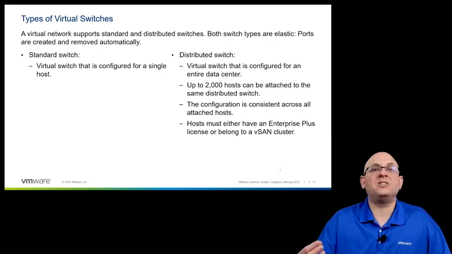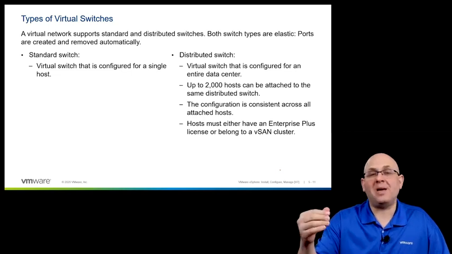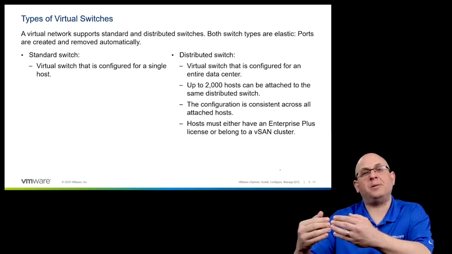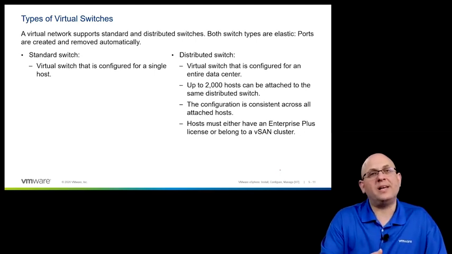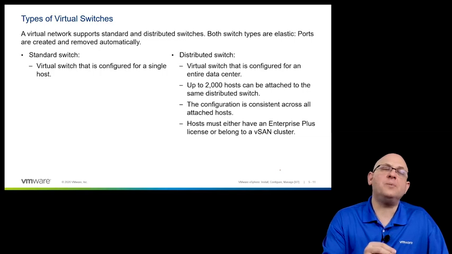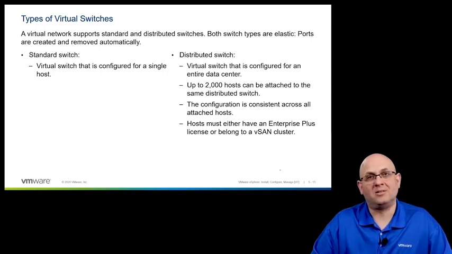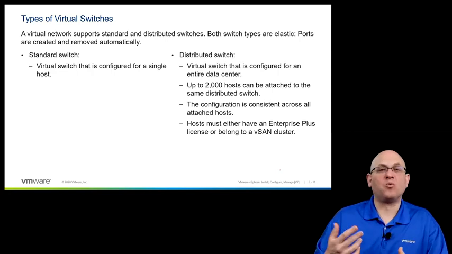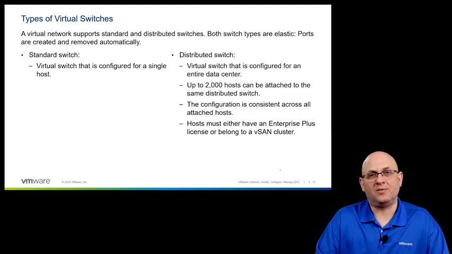So any configuration that you do to the distributed switch only needs to be done in one place. And that configuration that you make at vCenter will then be passed down to the ESXi hosts. Where on a standard switch, those standard switches need to be configured uniquely for each of your ESXi hosts. And that opens up room for error, user misconfigurations, and those sorts of things.